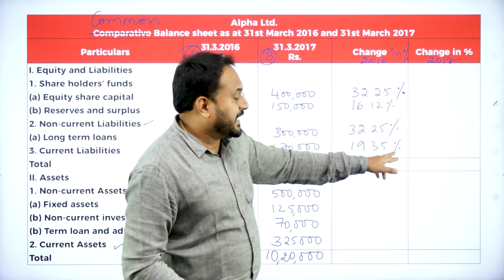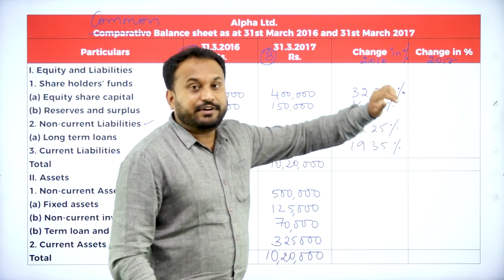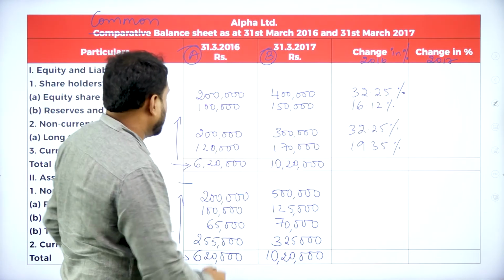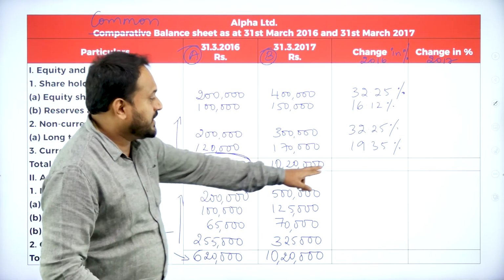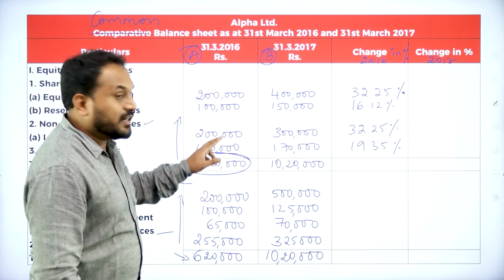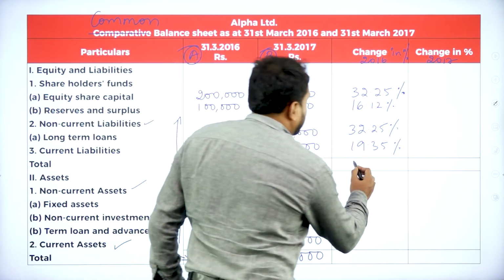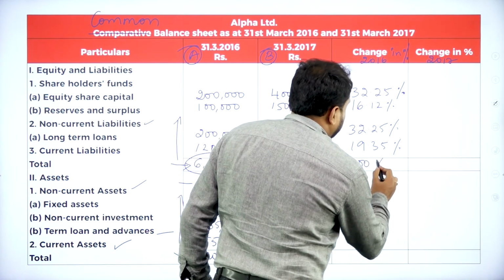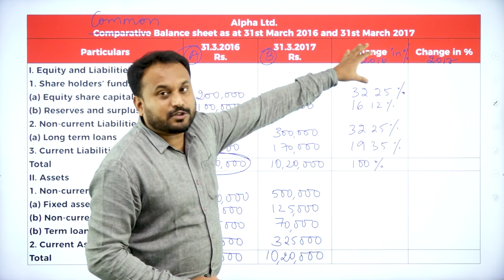The reason it is 99.97 is that we have not taken the complete values. If we take the complete values, 6,20,000 divided by 6,20,000 into 100 is what you will get, which is 100%. So this is the magic of the change in 2016.